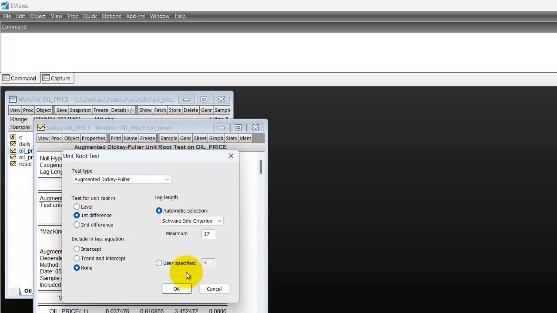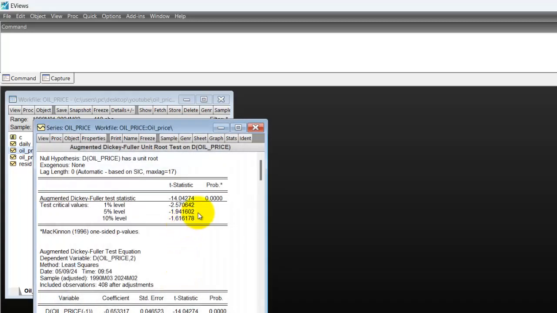Wow, you can see that when we check for the first difference, the probability value is significant even at 1%, and the absolute value of the ADF test statistic, 14.04, is also greater than the three critical values: 2.57, 1.94, and 1.61.